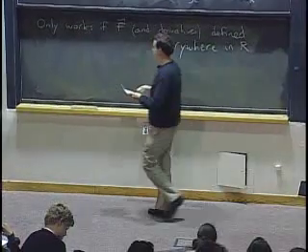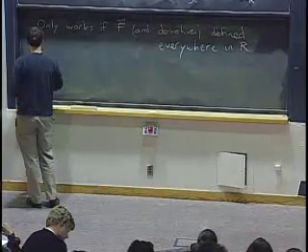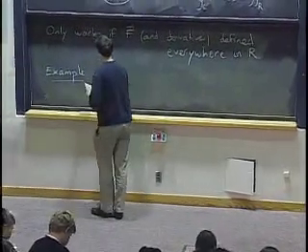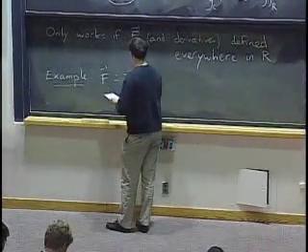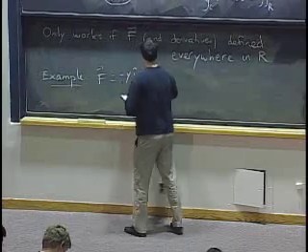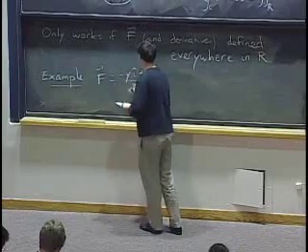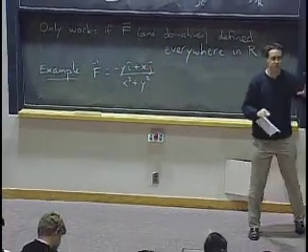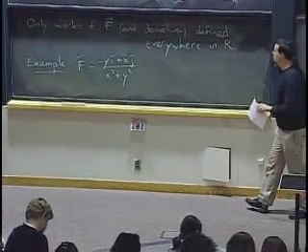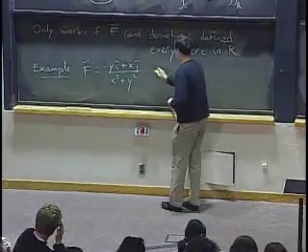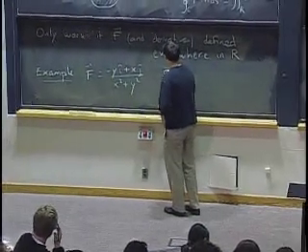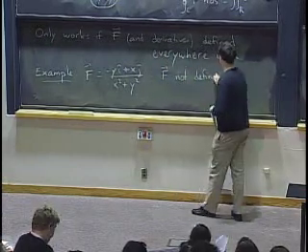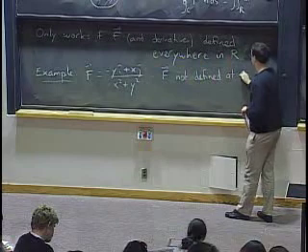We've seen, for example, that if I gave you the vector field (minus y i plus x j) over (x squared plus y squared), the same vector field that was on the problem set a couple of weeks ago, then F is not defined at the origin, but it's defined everywhere else.